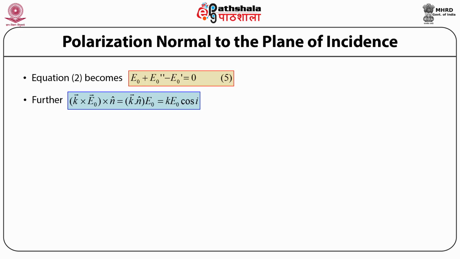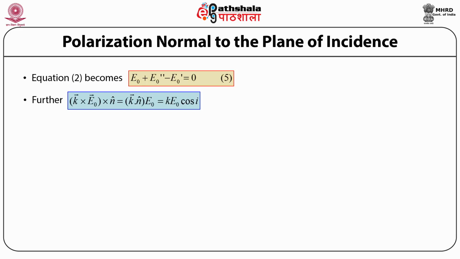They basically give the ratio of the amplitude of the electric field of the refracted wave to that of the incident wave, and the ratio of the amplitude of the electric field of the reflected wave to that of the incident wave. So in that sense, these two relations are extremely important because they give us, in a way, the ratio of the amount of energy that is transmitted to the amount of energy that is reflected.